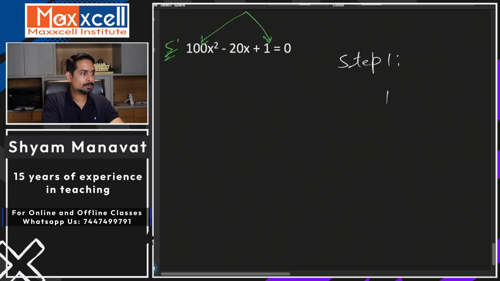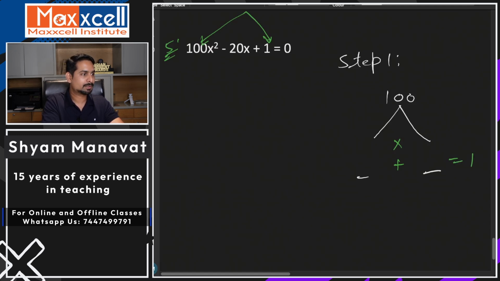That is 100 into 1 is what? 100. Now divide this 100 into 2 numbers such that the product should get you again 100, but there what is the sign with the constant? Plus, but their addition should get you equal to 1.